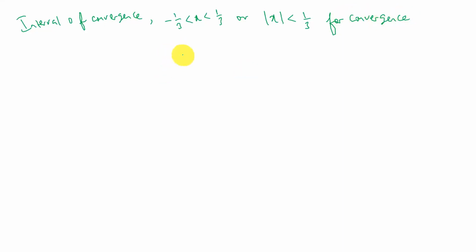So with that, we're able to say the following. The minus 1 over 3 is included for convergence and the other one is out. So this one is the interval of convergence. Okay, so we're done with that question.